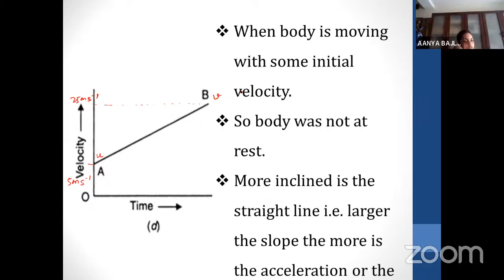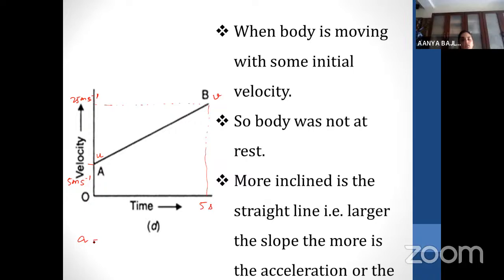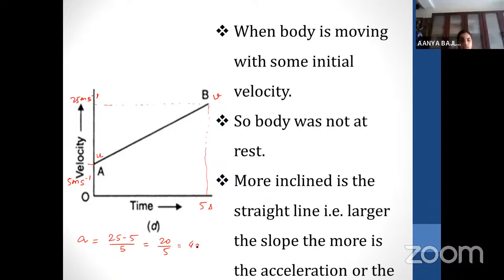So we will take 25 minus 5 upon the time. Let this time be 5 seconds. 25 minus 5 upon 5, meter per second squared. So that is the acceleration.